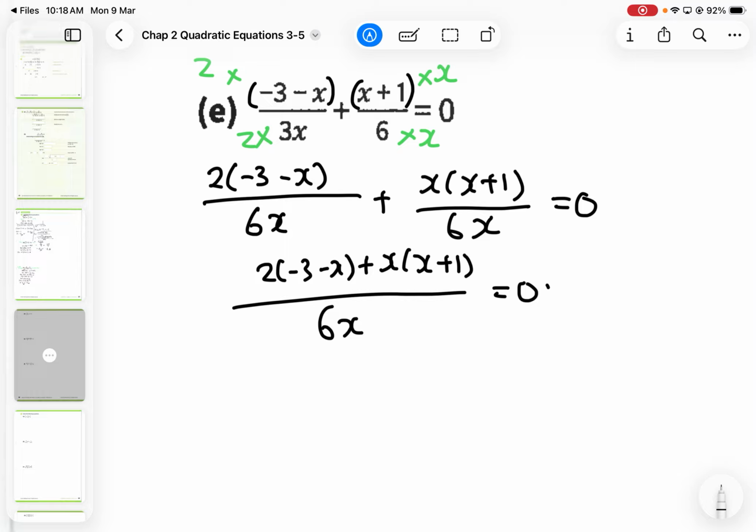Okay, once I add the two fractions together, I will end up with one fraction on the left. Okay? Then I don't want 6x to be in the denominator, so I want to multiply 6x. 0 multiply anything, also 0. So I am left with the numerator.